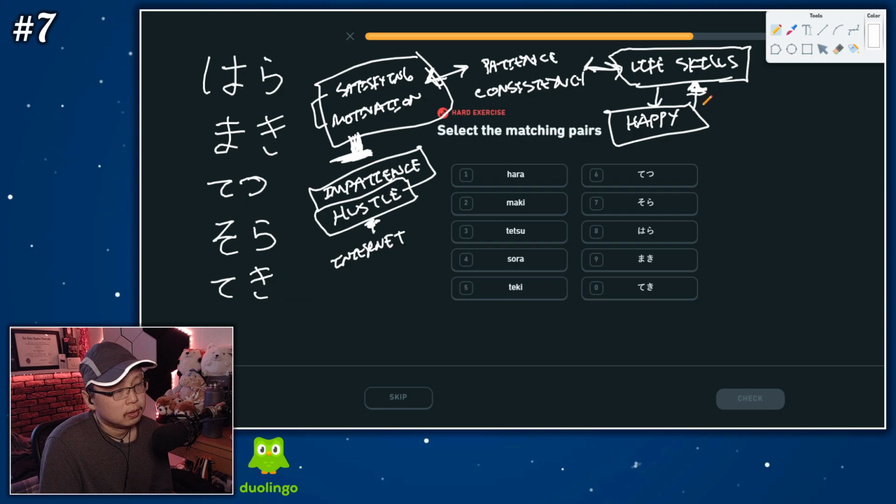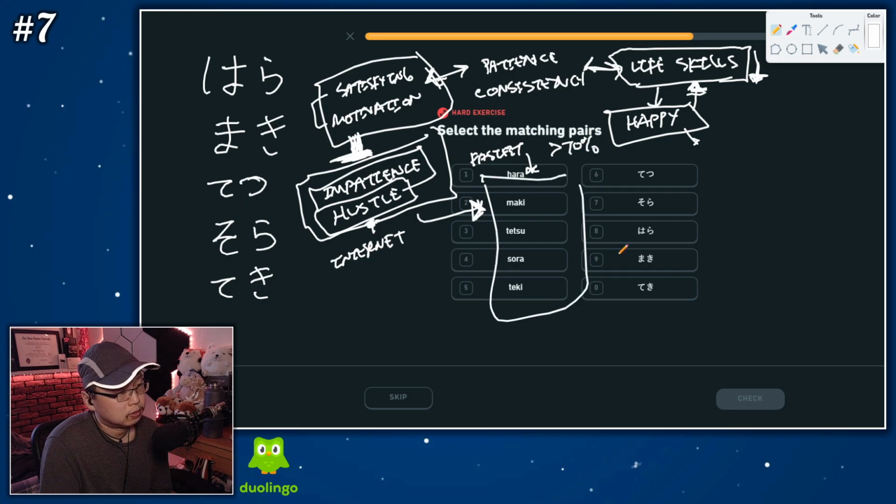For me, the people that I usually interact with or am targeting are people who are deficient in life skills. So when these people are deficient in life skills and they try to learn based on hustle culture, right? What's the fastest way to learn Japanese? And I can tell you, well over 70% of people are more used to the hustle culture.